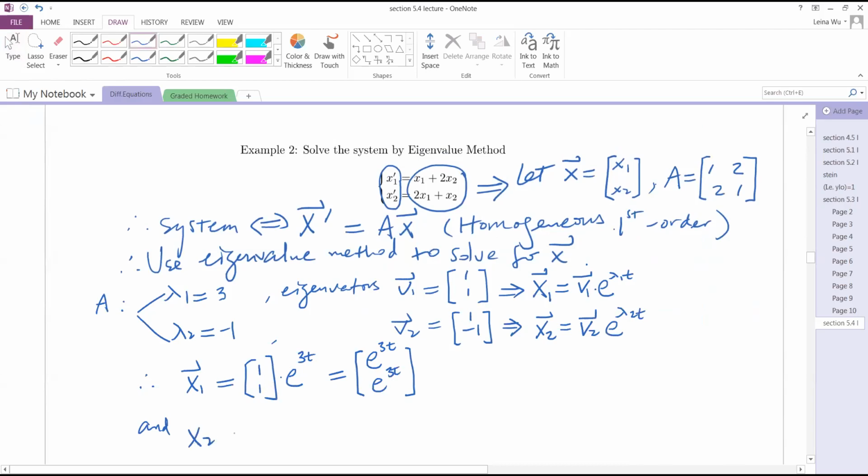And x2 here would be eigenvector 2, 1, negative 1, times e raised to lambda 2 t, so negative t. Let's multiply e to the negative t. We have e to the negative t, negative e to the negative t.